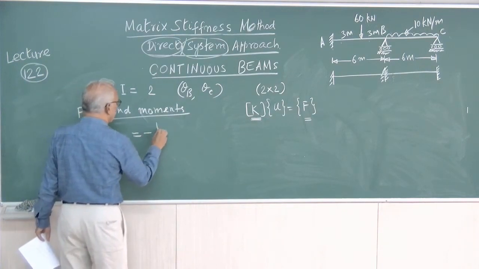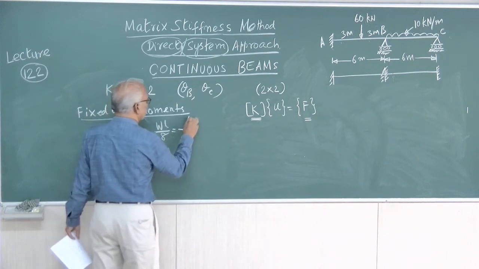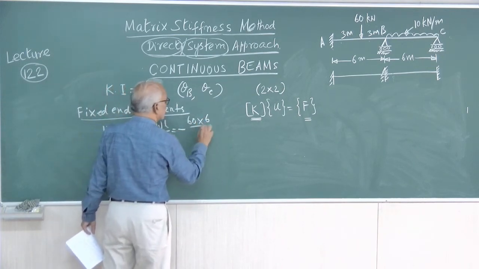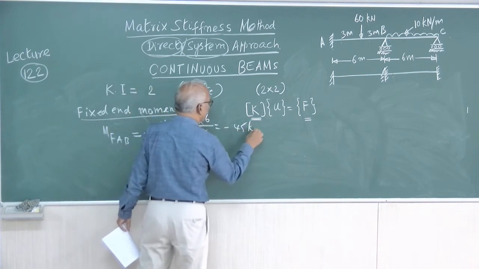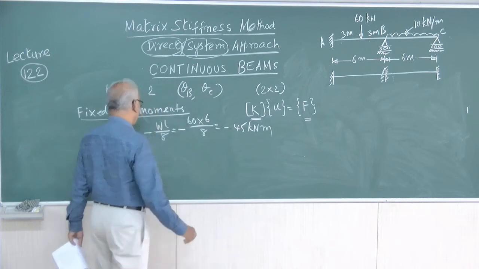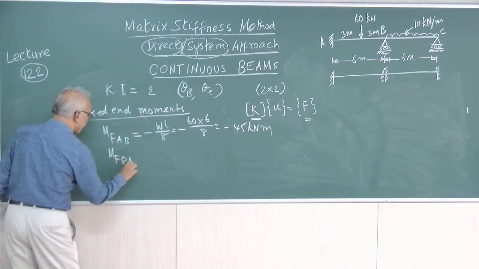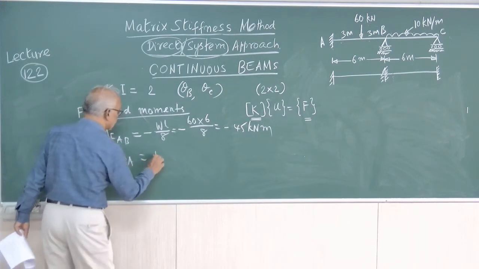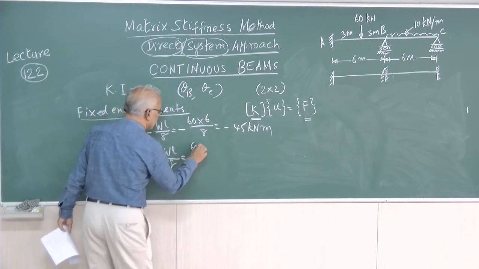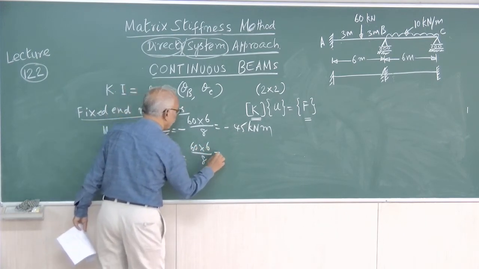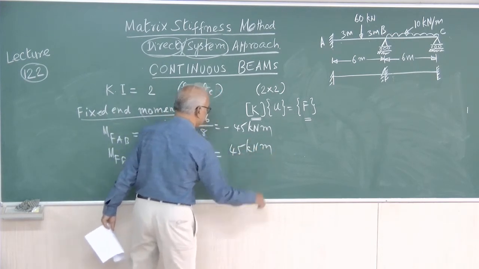Therefore, it is minus WL by 8, equal to minus 60 into 6 by 8, equal to minus 45 kilonewton meter. M of BA: these are all elementary, so I will go fast. WL by 8 equal to 60 into 6 by 8 equal to plus 45 kilonewton meter.